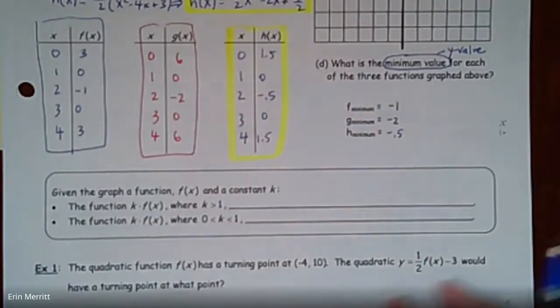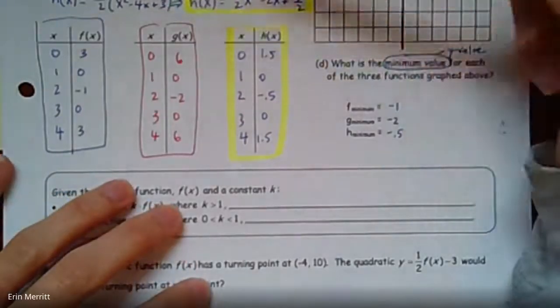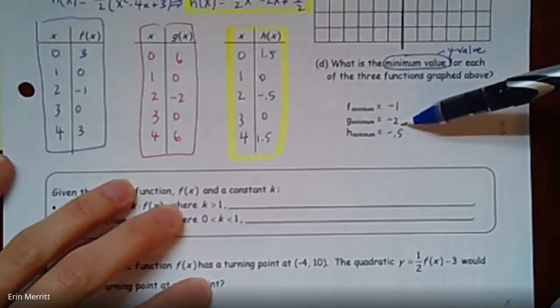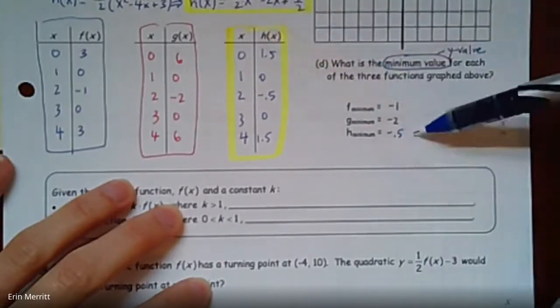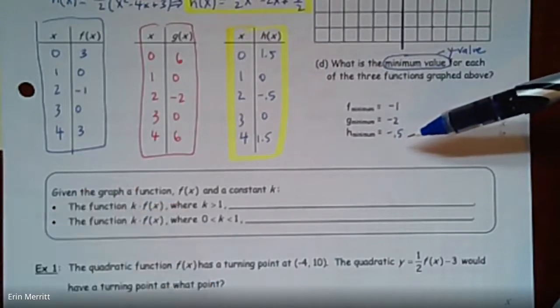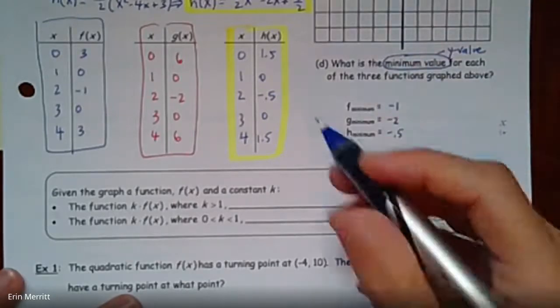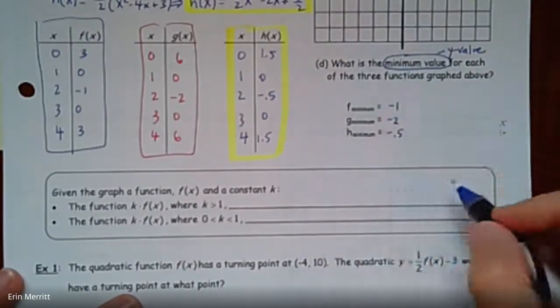So when we multiplied by a 2 out front, the y value for the minimum got doubled. When we multiplied by a half out front, the y value got chopped in half. So what you should be hopefully noticing is that only the y values were affected. So I actually want to start by writing that down first.